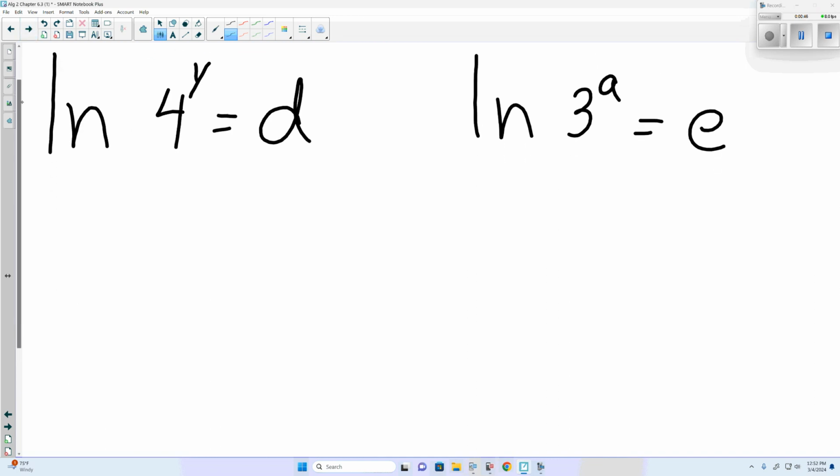So the next one we're going to look at is ln of 4 to the y equals d. So how would we rewrite this one here? e to the d equals 4 to the y.